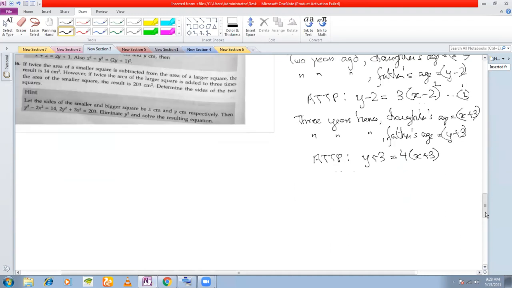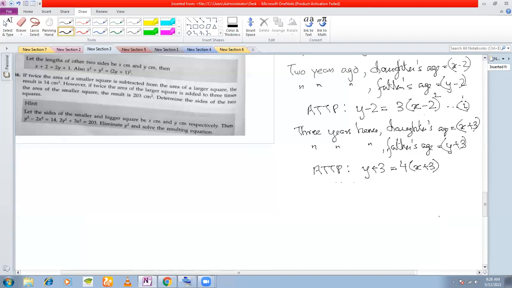Okay. So you've got two equations you need to solve. How to solve these two equations? From 2, you find out the value of y, just as you do in your substitution method of simultaneous equations.